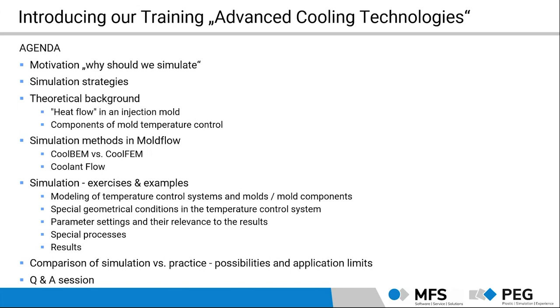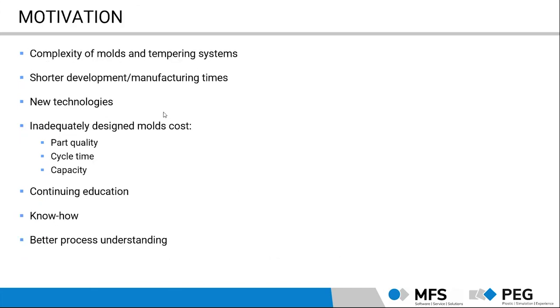Let's go a little bit deeper into the points. The motivation: why should we simulate the mold itself, not only the part or the runner system? It's because of the complexity of the molds and the cooling system. We know that, for example, if we have a bad mold design, we will lose part quality, but also cycle time and capacity.